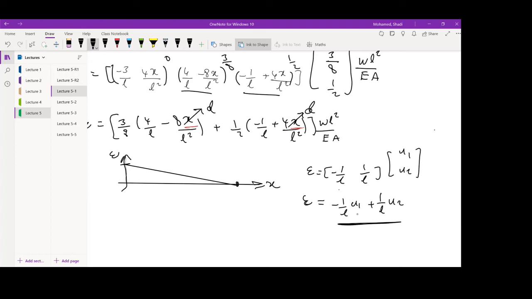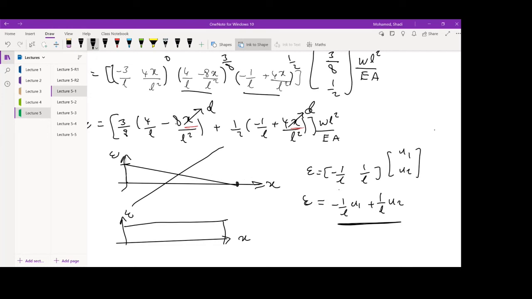This is an equation for a constant, not for a line. The strain would just look like a constant, whereas this one can be a line, and the line can vary in any way you can think of.